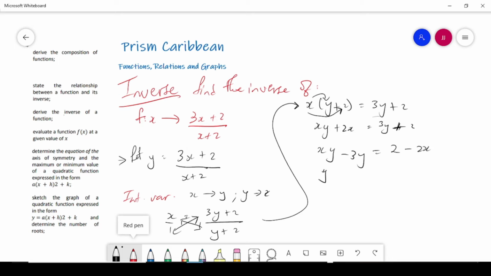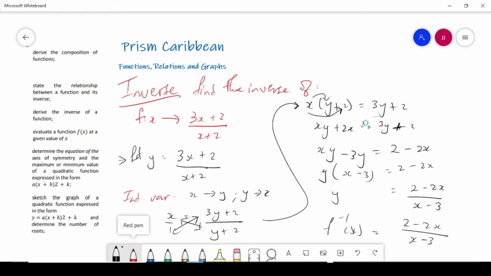We factorize the y, which in this case is y into x minus 3, because we take out what is common in both, which is y, and we are left with x minus 3, is equal to 2 minus 2x. So now we have y is equal to 2 minus 2x all over x minus 3. That's it, and of course we write our answer: f inverse of x is equal to 2 minus 2x all over x minus 3.